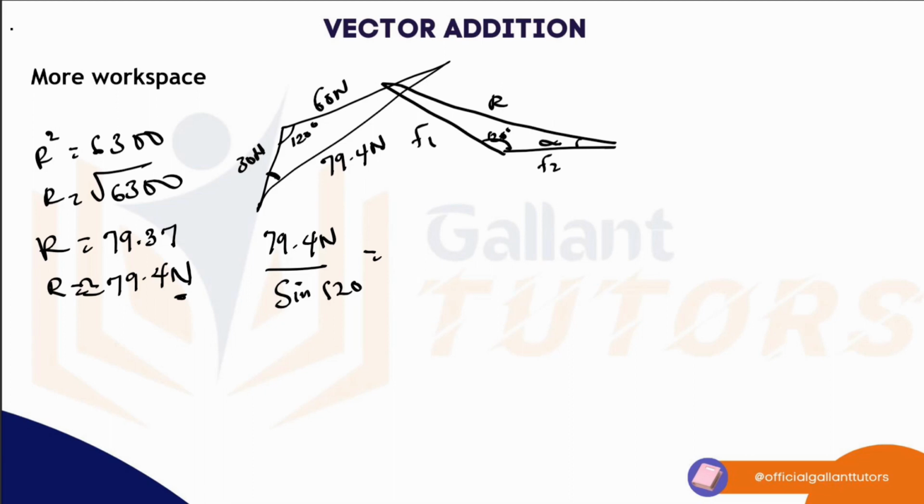Here becomes our R, F1, F2. So it's more or less the same thing. Is that clear? So we have 60 Newton divided by sine alpha, and the last one, which is 30 Newton divided by sine gamma.